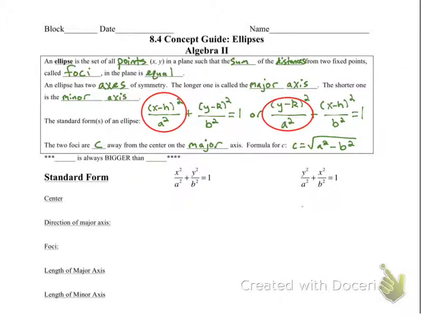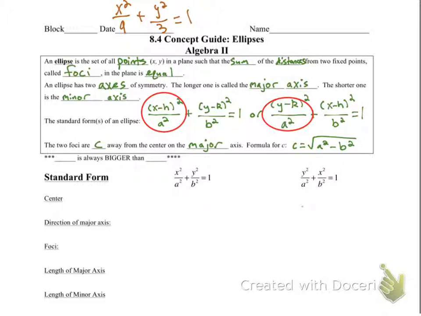Alright, again, when you look at the equation of an ellipse, the bigger number is going to tell us whether it's going to be vertical or horizontal. If you look up at the top up here, I'm not going to give it a center, but if you had x squared over 9 plus y squared over 3 equals 1, well, this is going to be a horizontal ellipse because 9 is the bigger number and it's underneath x.